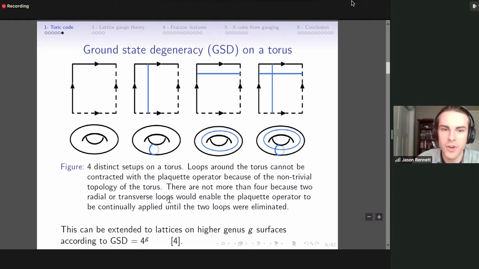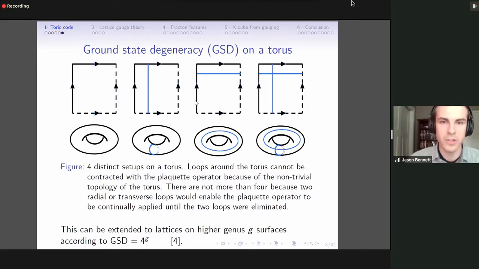And so now you're starting to see where this topological stuff comes in, and moreover, this degeneracy is what's called topological.